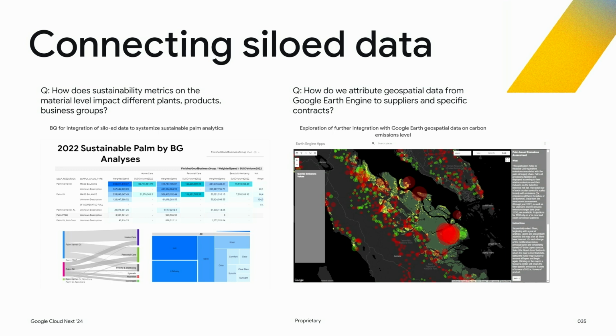One such example of this data set is the really good work that our sustainable sourcing team has worked on, especially in analyzing carbon generation for palm plantations and attributing that down to our palm suppliers. And as a fairly straightforward exercise of combining the two, we're able to now leverage that information and understand how that relates to specific business groups and brands.